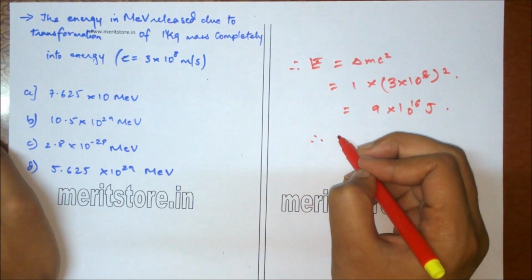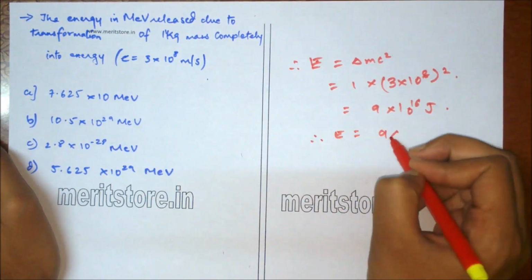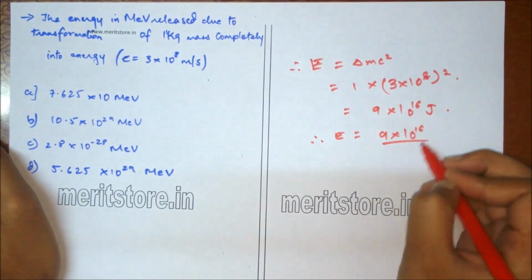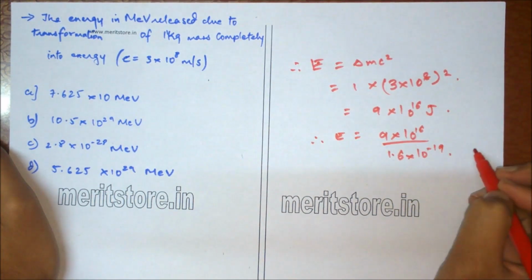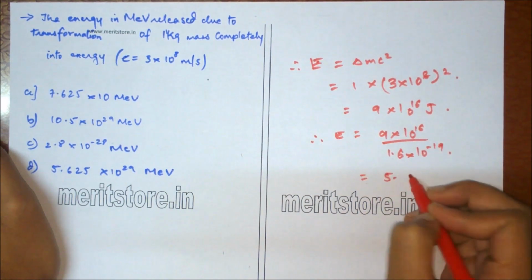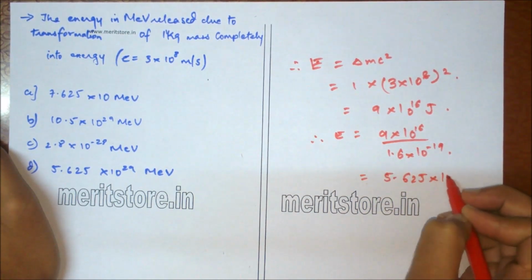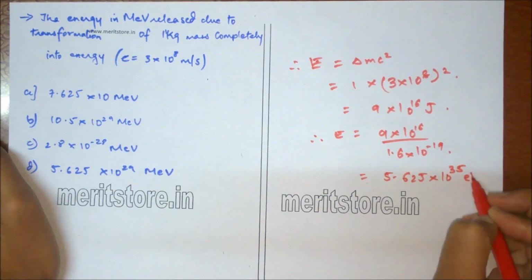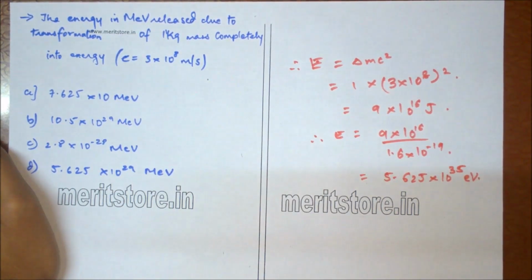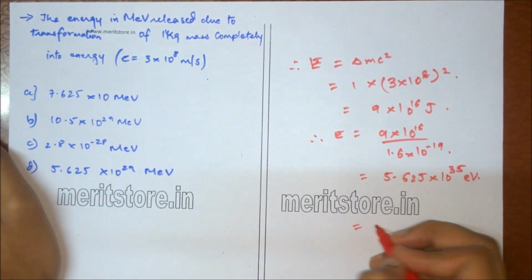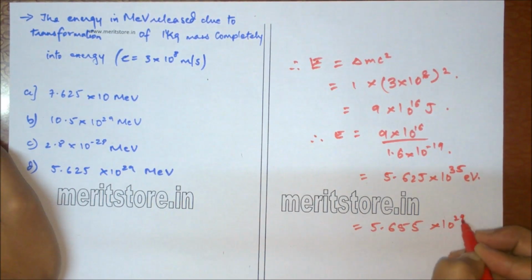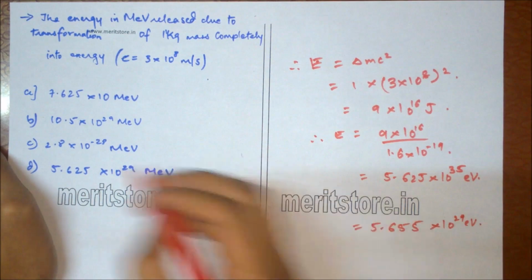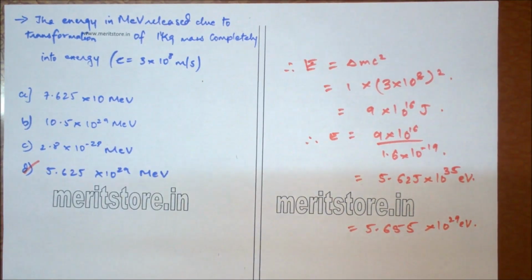Converting this energy into electron volt, we get 9 into 10 raised to 16 divided by 1.6 into 10 raised to minus 19. On solving, we get 5.625 into 10 raised to 35 electron volt of energy. Converting this into mega electron volt, we get 5625 into 10 raised to 29 electron volt. Option D is the correct answer.